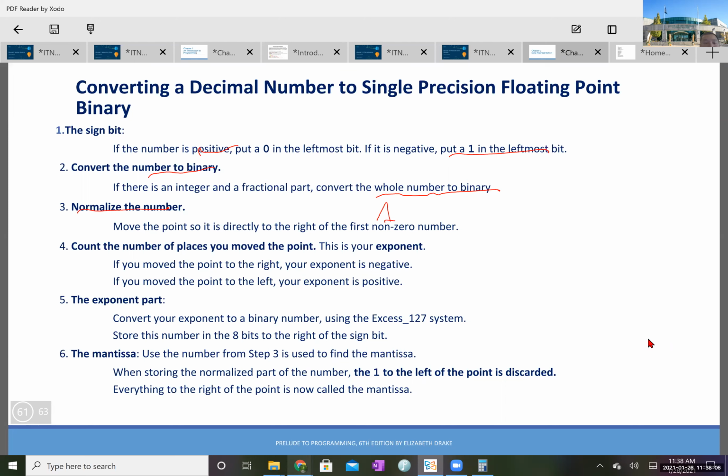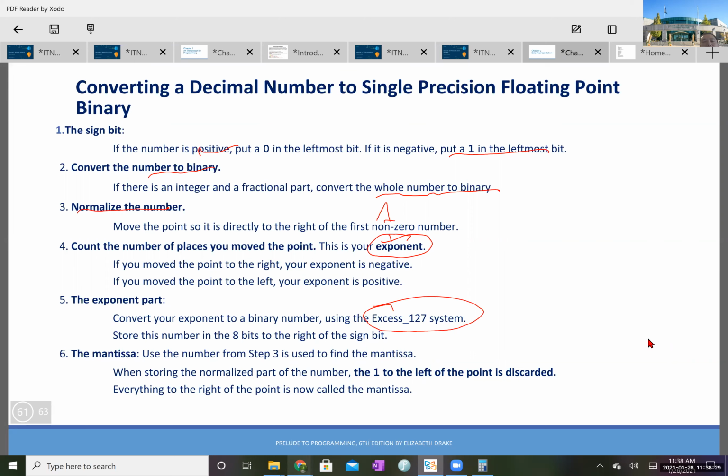Actually, the first non-zero is the first number 1 here. And you have to count the number of places you move the point in order to get the exponent, right? So if you move to the right, you have to work with negative, and if you move to the left, working with positive here. Right? So when you have the exponent here, you remember that you have to work with excess 127.